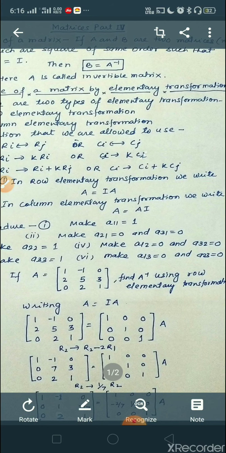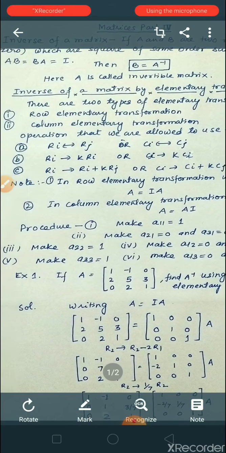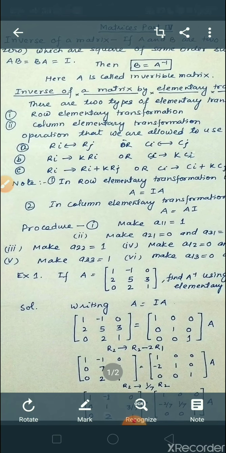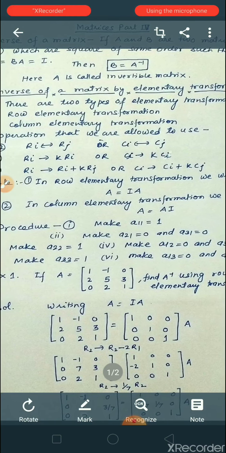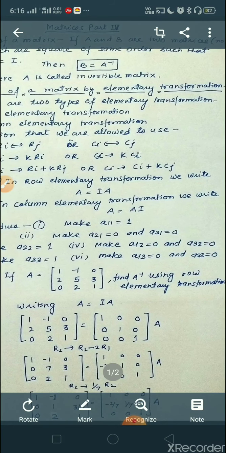Here you can see that. And fifth step is make A33 is equal to 1. And step 6 is make A13 is equal to 0 and A23 is equal to 0. These are certain fixed operations we shall perform in our example 1.